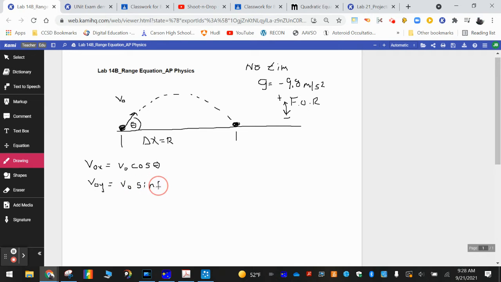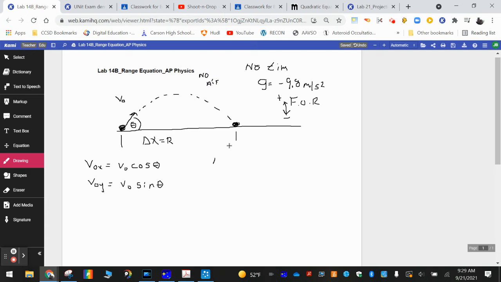We always start off with this. We'll also assume there's no air resistance. We're in a vacuum.